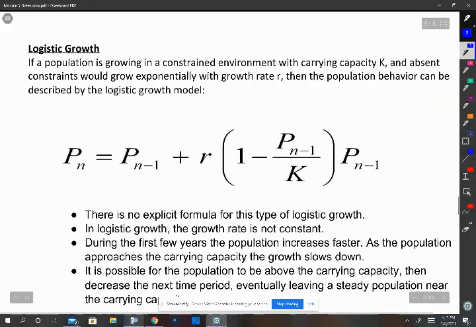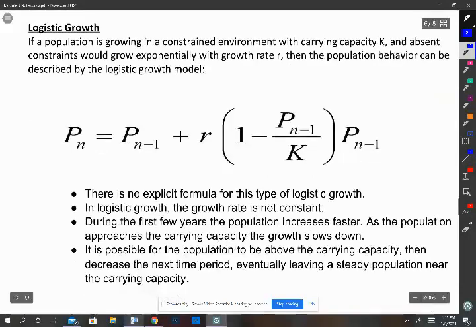The last thing we're going to talk about is logistic growth. Logistic growth is always a recursive formula, and it basically is talking about where you have a population that's constrained. And constrained means like there's boundaries. So like it's in a lake or a pond that you can't get out of, or it's in a fenced sanctuary area, or it's in a petri dish.